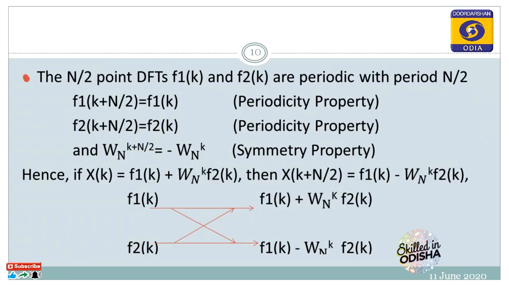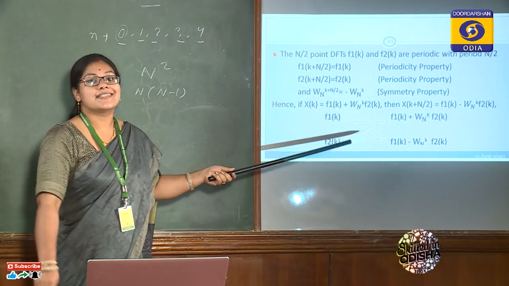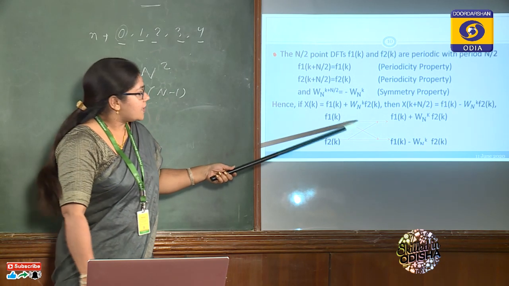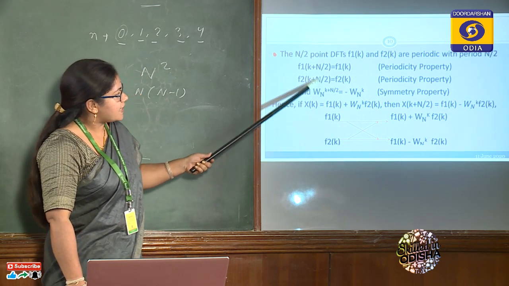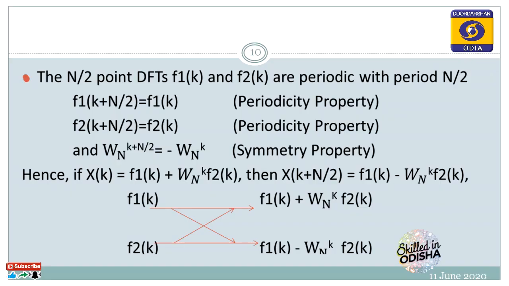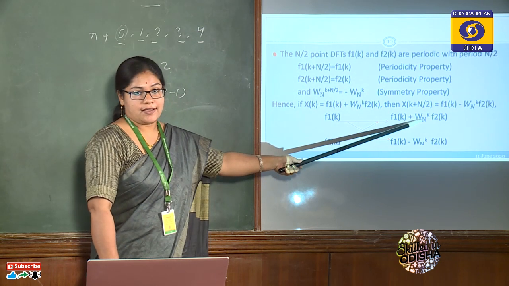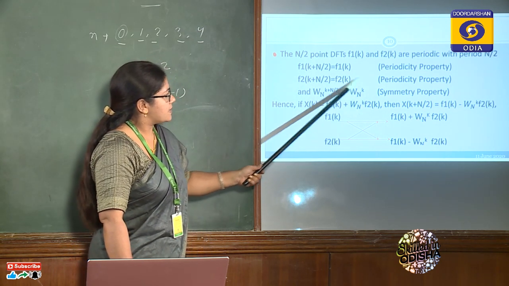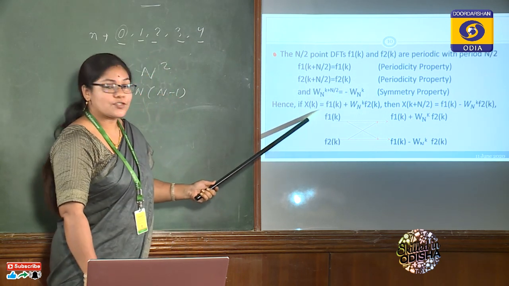This signal flow graph is called the butterfly diagram. Why butterfly? Because its shape looks like a butterfly. In the butterfly diagram, we have taken F1(k) as one input and F2(k) as another input, and the multiplying factor is the twiddle factor. Since we are getting this, this equation also holds good.